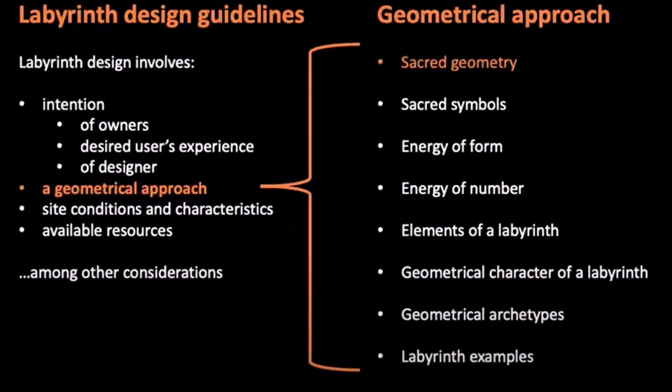Labyrinth designer Ronald Esquivel dives deeply into the impact of sacred geometry on the energy of the labyrinth. His fantastic book, Labyrinth Design and the Energy of Its Geometry, thoroughly explores a wide variety of geometric labyrinth designs.